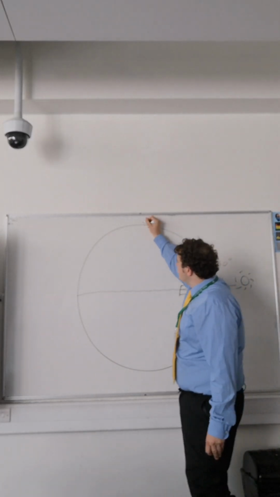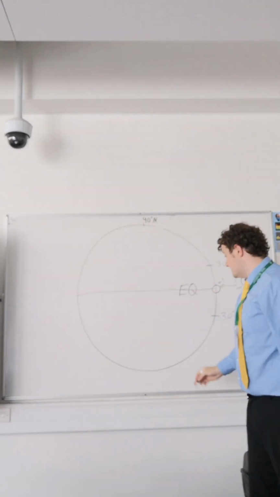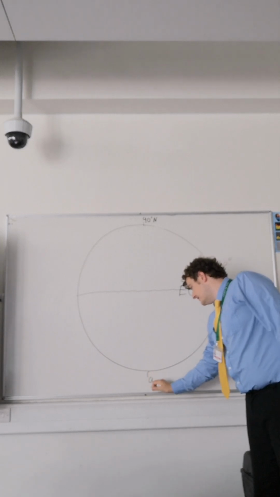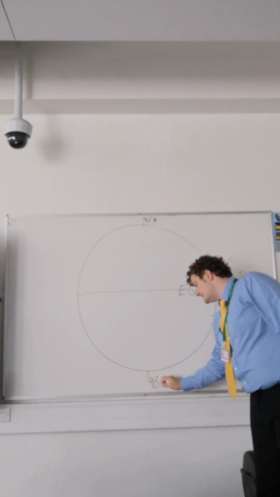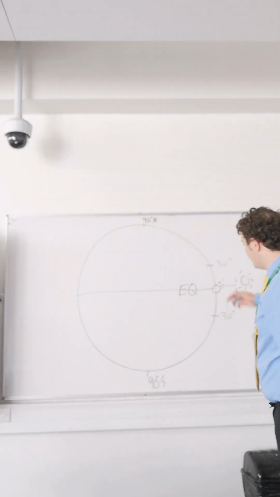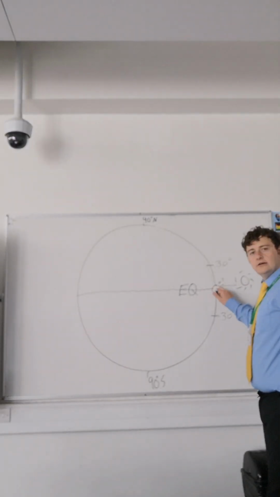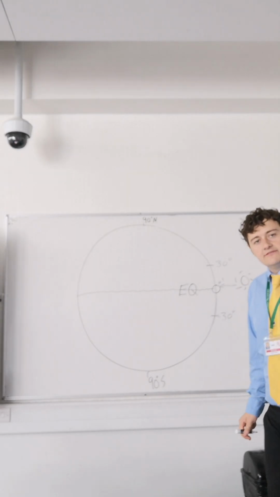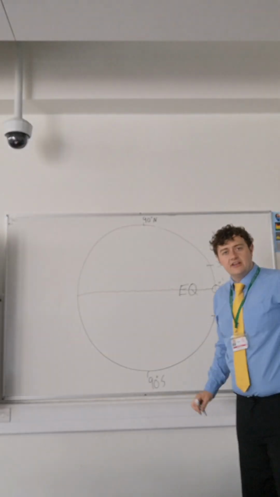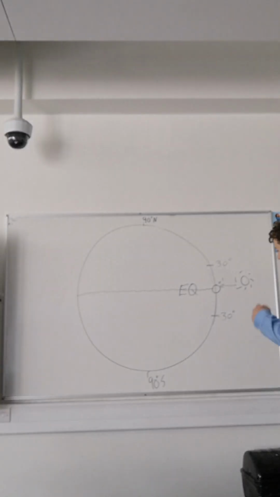The highest it could be right up here is 90 degrees north. The lowest it can be, symmetrically, is 90 degrees south. The closer you are to the equator, the warmer the average temperature over the year. The further away from the equator, the colder the average temperature over the year.